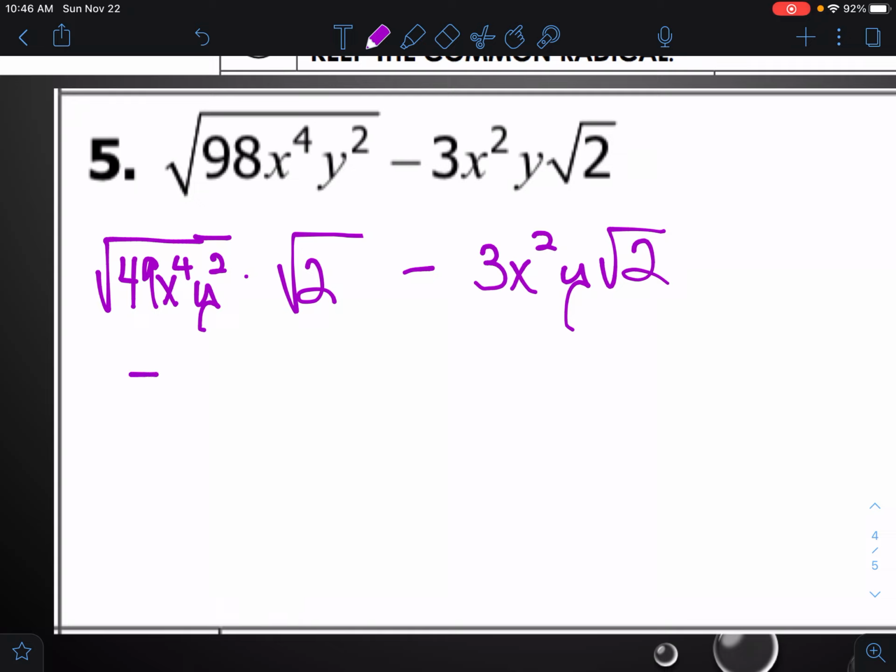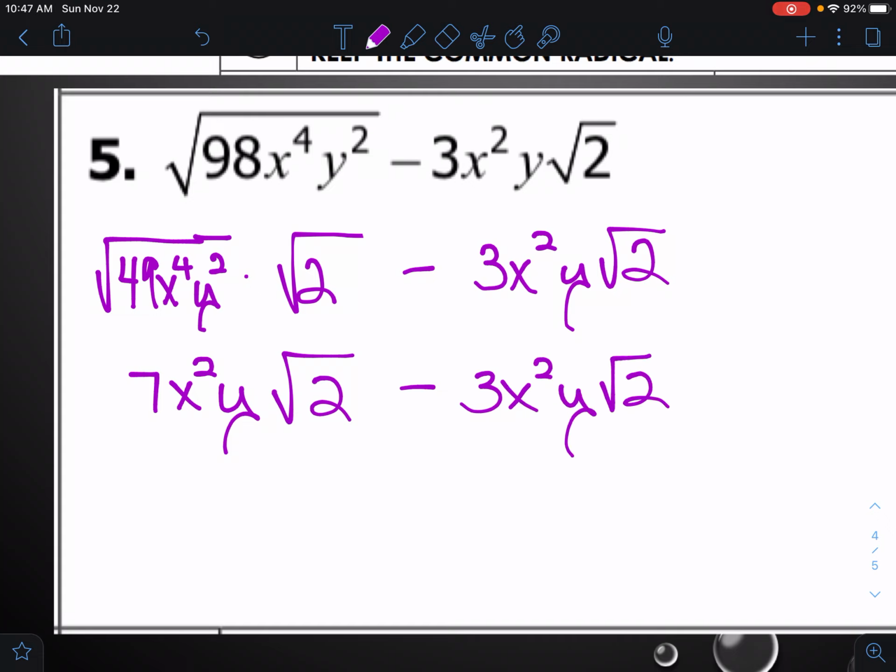Square root of 49 is 7. And then x to the 4th, take the square root, is x squared. And this would be y. Now times the square root of 2 minus 3x squared y times the square root of 2. All right, now in order to add or subtract these have to be the same.